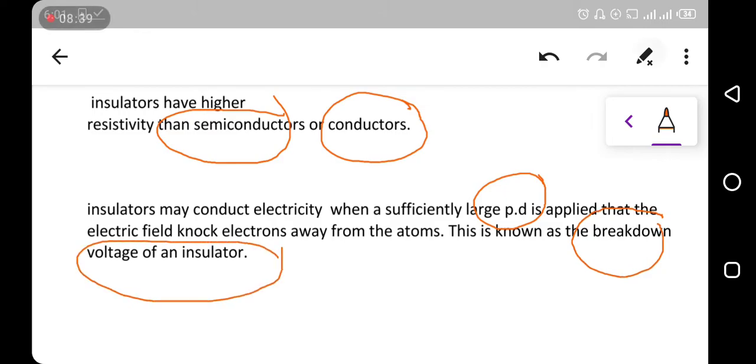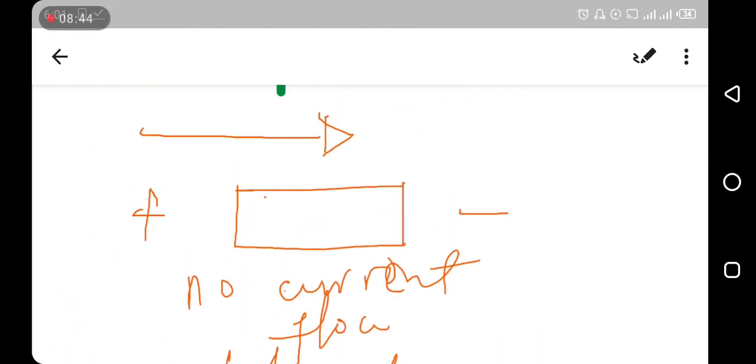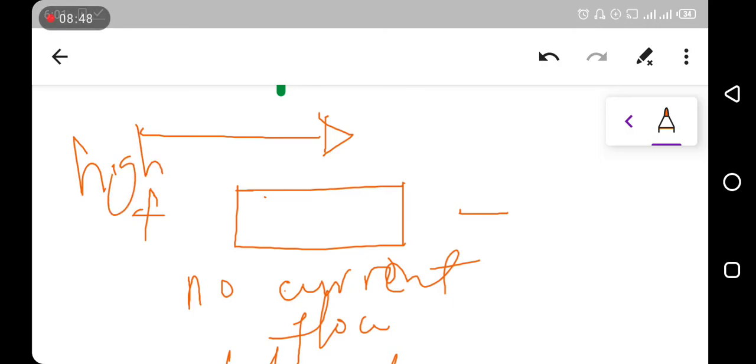So when we apply a high potential difference, the electrons may be knocked and may start to move in the insulator.